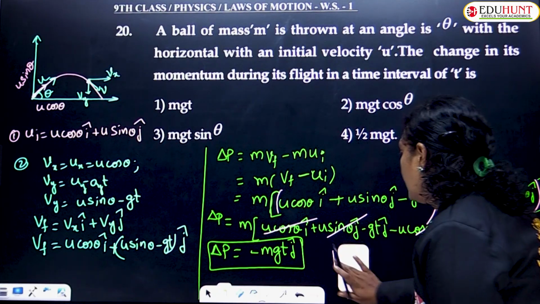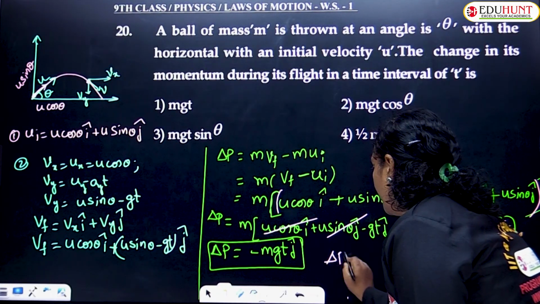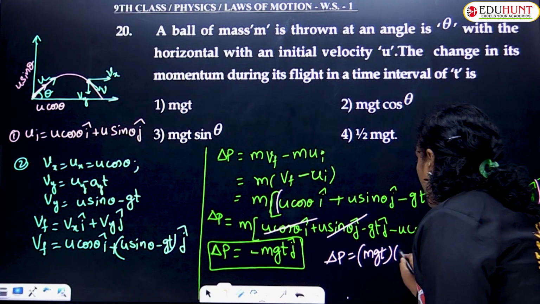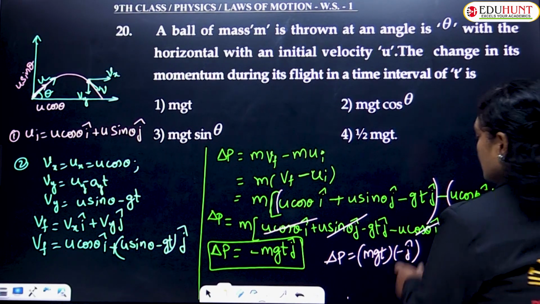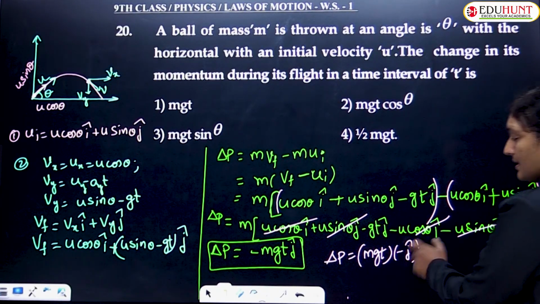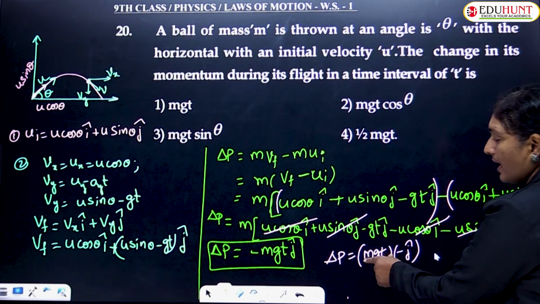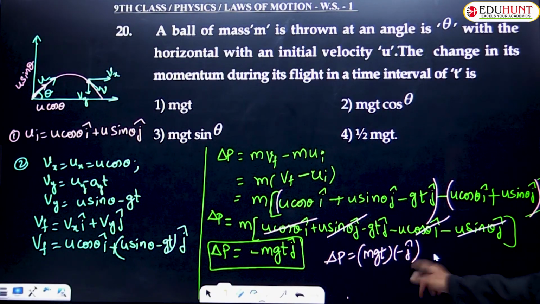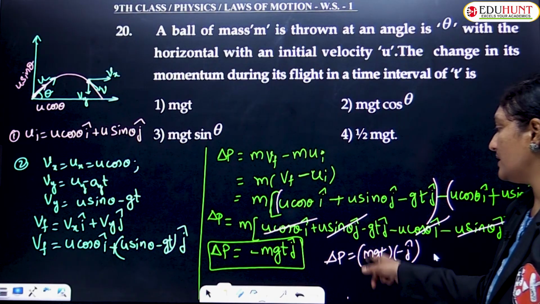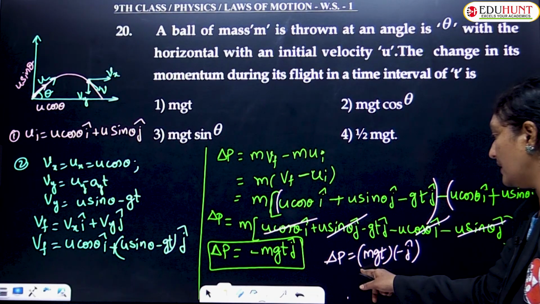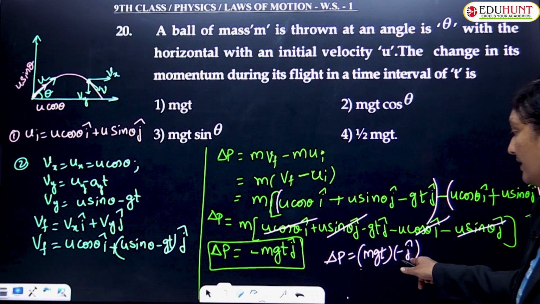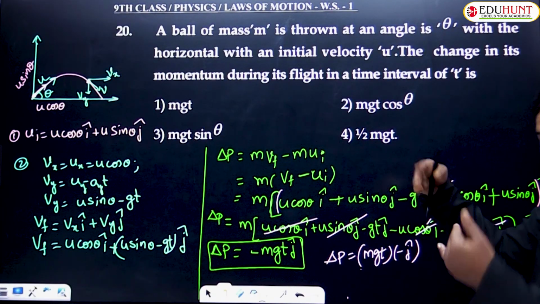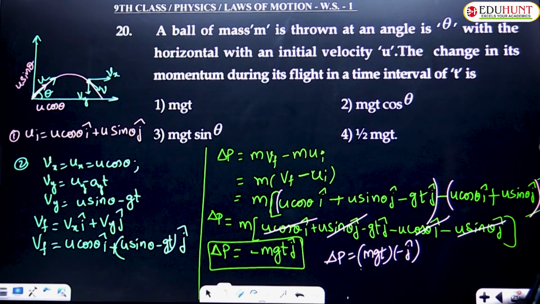First of all, I'll write the change in momentum delta p as mgt into minus j cap. This minus j cap indicates the direction of the change in momentum, and the magnitude of the change in momentum is mgt. In which direction? j cap indicates the y-axis, minus j cap indicates the negative y-axis, that means downwards.